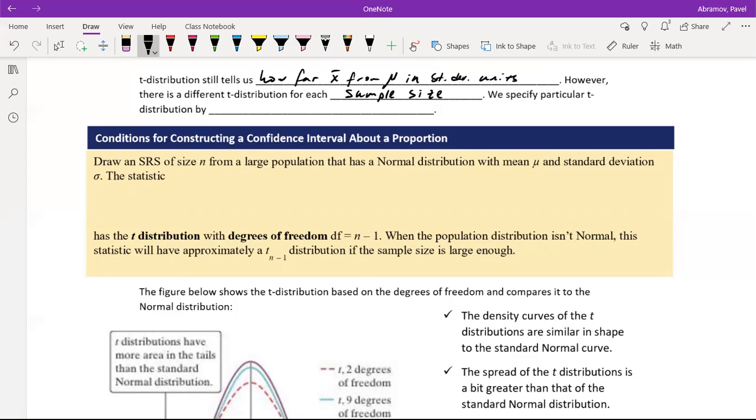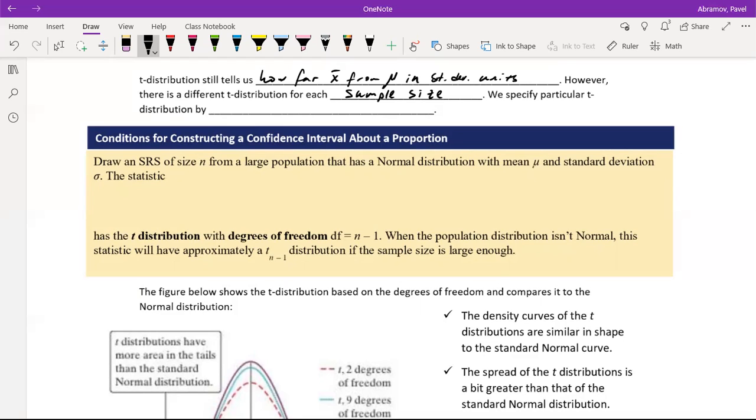And if we remember, the formula for finding the standard deviation depends on the sample size. Therefore, with every different sample size, we get a different t distribution. And we can see that in the formula here in a minute.